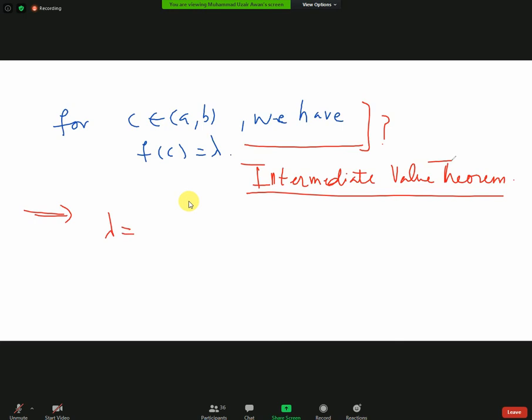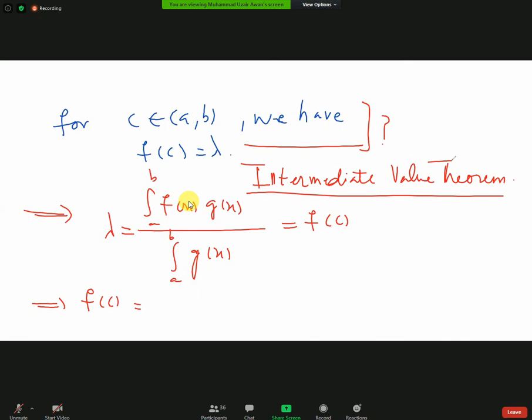So this implies lambda, which was equal to the integral of f of x g of x divided by the integral of g of x, is equal to f of c. This implies f of c is equal to the integral from a to b of f of x g of x divided by the integral from a to b of g.